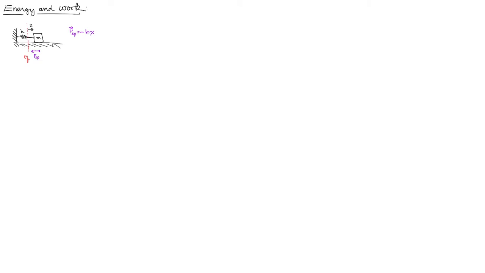So using Newton's second law, we have the acceleration of the box, 1 over m times the net force on the box. And in the x direction, there's only one horizontal force. That force is minus kx. The acceleration in the x direction can be written as x double dot.